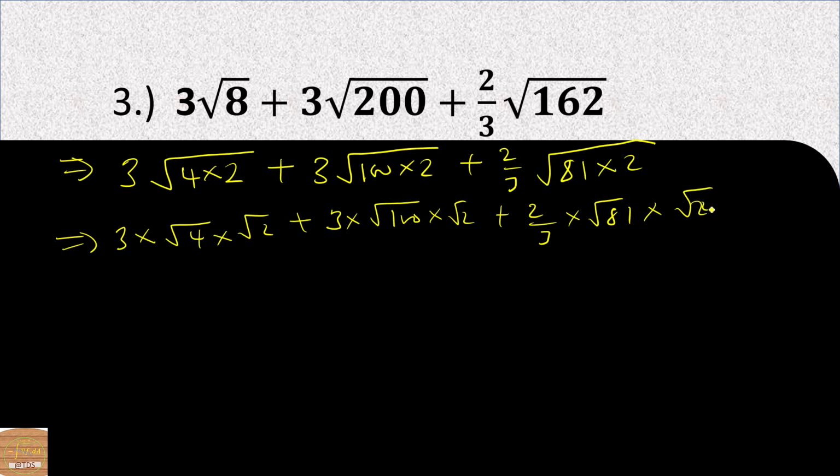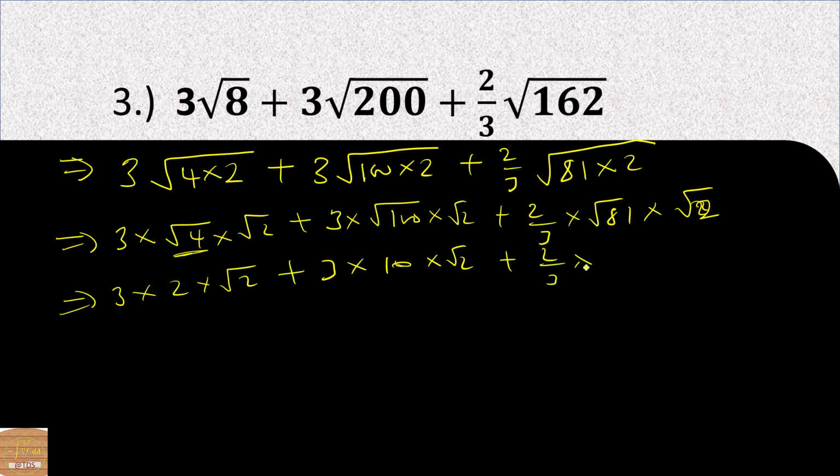Okay, let me write it well. So this one is giving us 2, so we have 3 times 2 times 2, let me take my time here, plus 3 times, so this one is 10 times 2 plus 2 on 3 times 9.